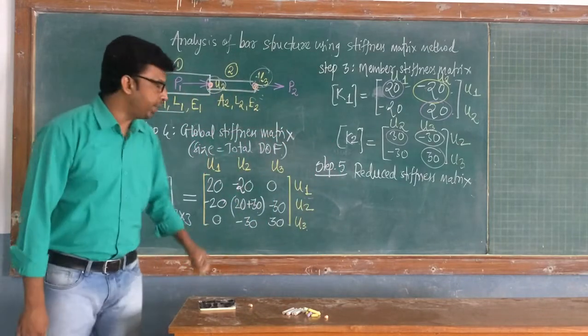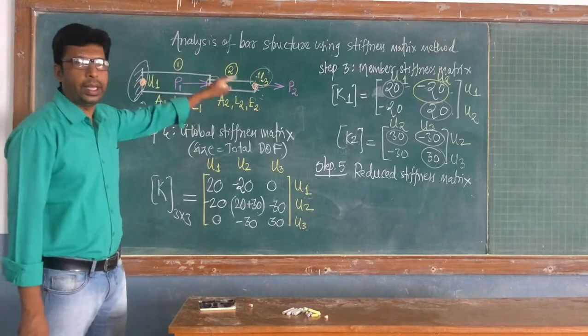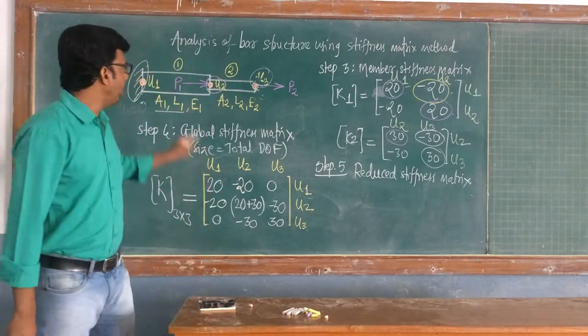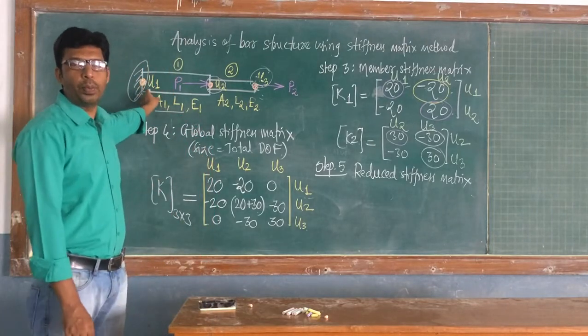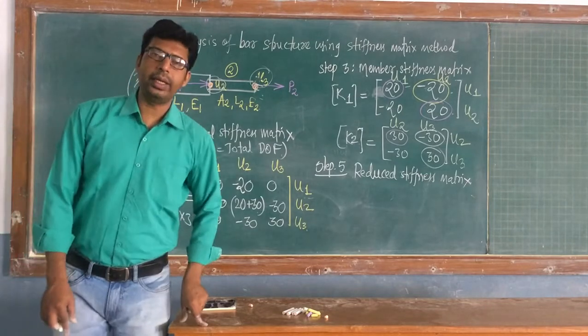Reduced stiffness matrix means, after imposing the boundary condition. This matrix is developed for the whole bar assembly without considering any boundary condition. We have not taken into account the fixed support in this matrix.